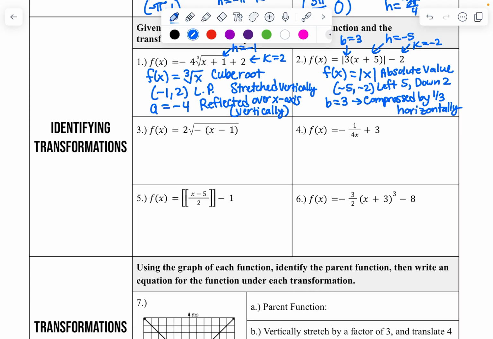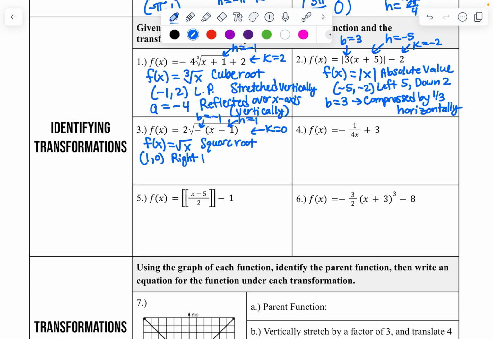All right, number 3, we have a square root function. This is your h value, so it's +1. There's nothing outside, so k is 0. So your locator point is 1, 0, meaning that the graph has just moved right 1. It hasn't gone up or down at all. This negative is your b value.